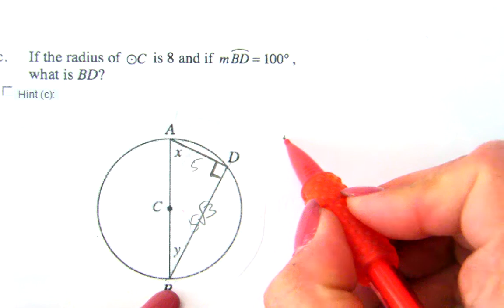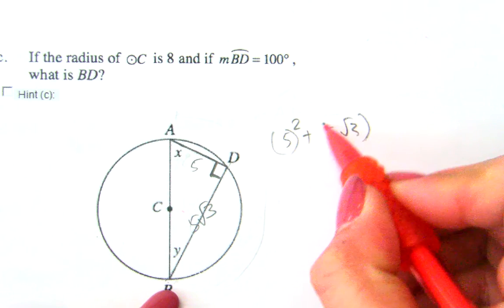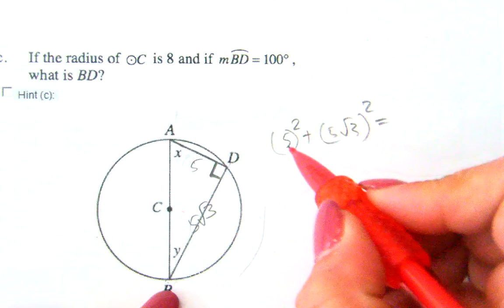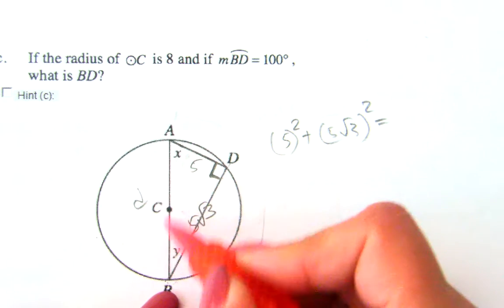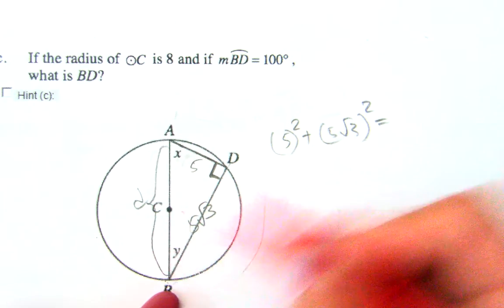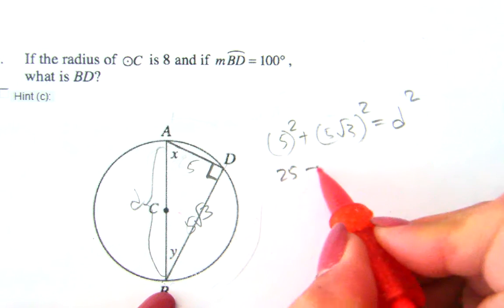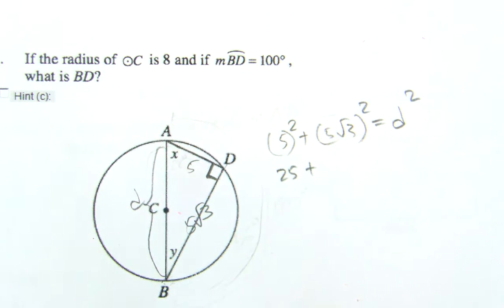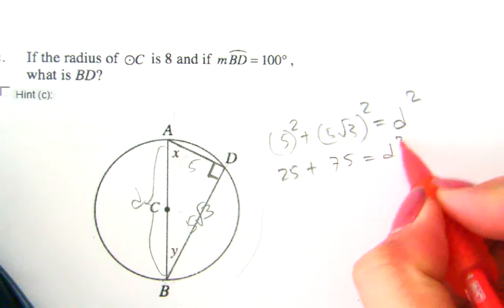And the easiest way to do that would be, okay, 5 squared plus 5 square root of 3 squared is equal to, we'll call it D for diameter, right? This whole thing is your diameter. Diameter squared. So 25 plus 5 square root of 3 squared is 25 times 3, 75 is your diameter squared.